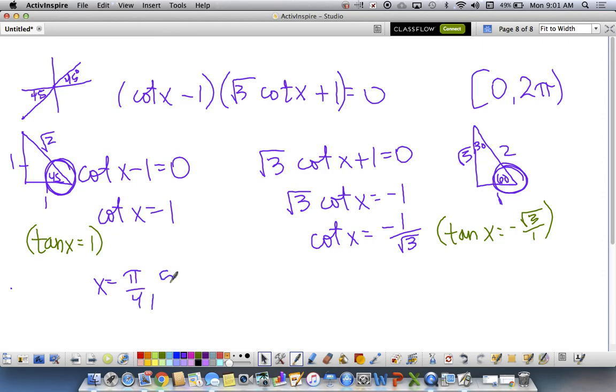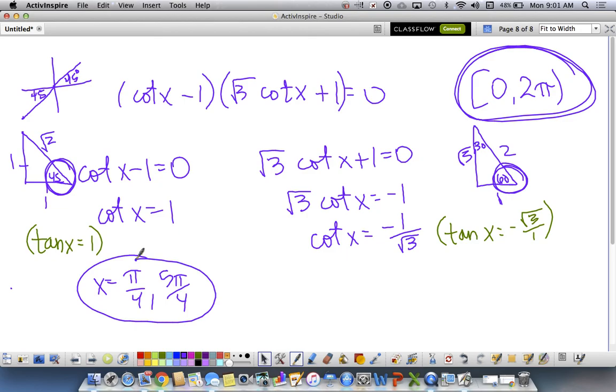Will you specify on the problem if you want radians, or should we just leave it? When you see that, it's going to tell you. Yes, there's a section that has radians, and there's a section that has 0 to 360. Okay, but now we need to know this one, 60 degrees. What quadrants is tangent negative square root of 3?